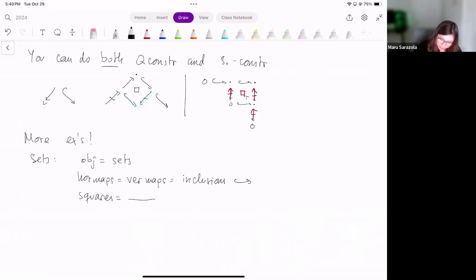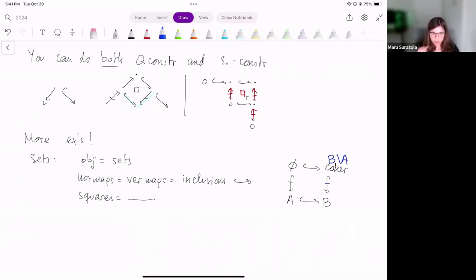So now for sets, I would have an inclusion of sets here. And if I take my initial object, which is of course going to be the empty set, and I take a vertical inclusion here, then whoever plays the role of my co-kernel, I'm supposed to have a co-kernel here that includes naturally into B. So from an inclusion A into B, I need to construct some other set that includes canonically into B. And what I can take is just the complement and the inclusion of the complement.